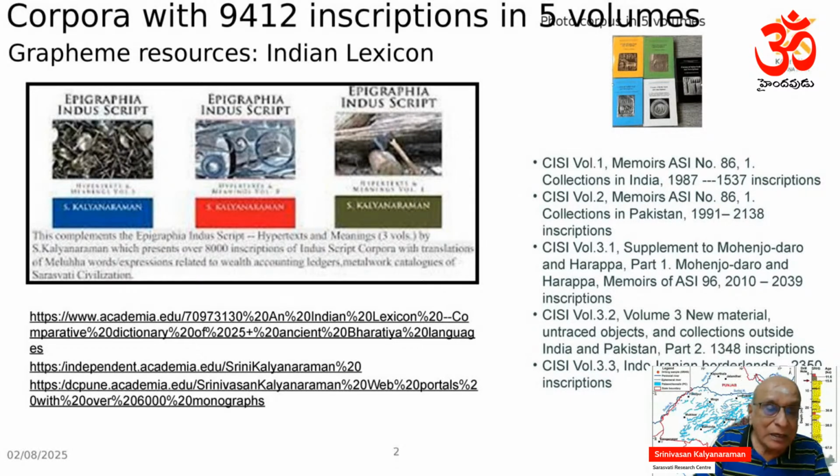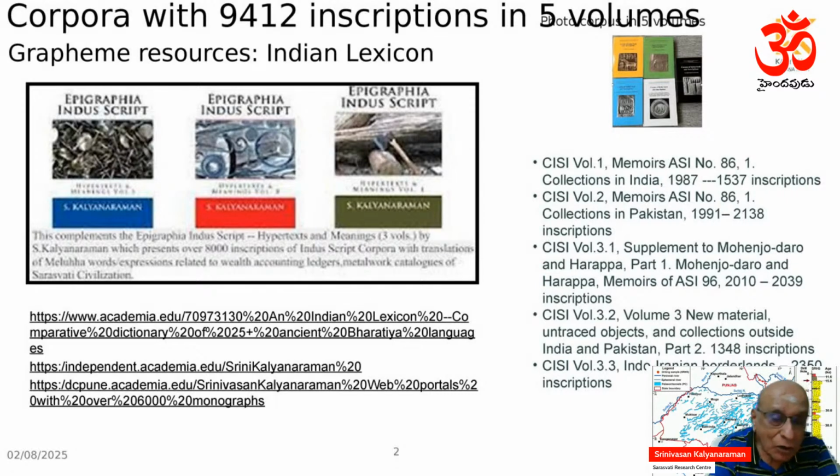And this documentation, which I'm presenting as a number of PowerPoint presentations, is contained in 3 volumes titled Epigraphia Indusscript, which have been published through Amazon, with a significant number of inscriptions. They're all explained in detail. And subsequently, a number of PowerPoint presentations and monographs have been posted on academia.edu. I have given the addresses of these academia.edu links.